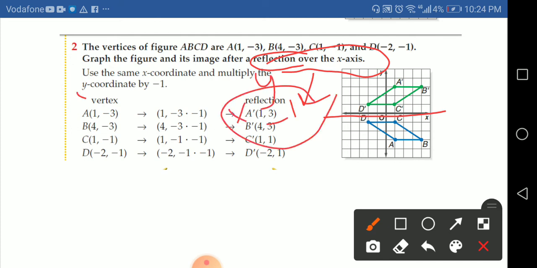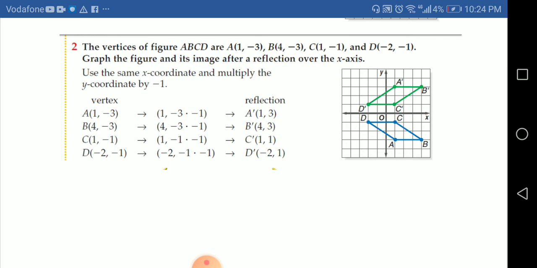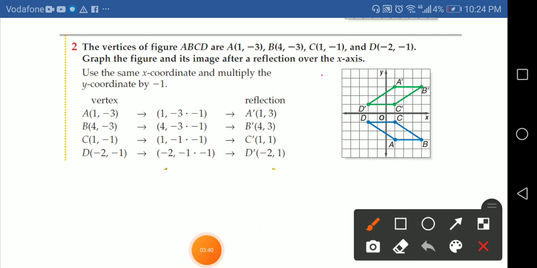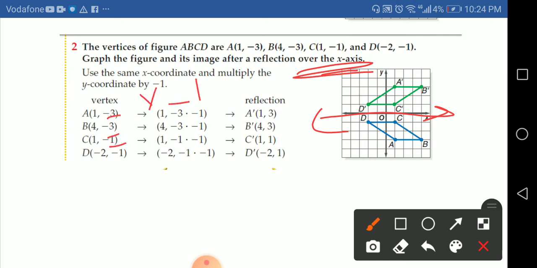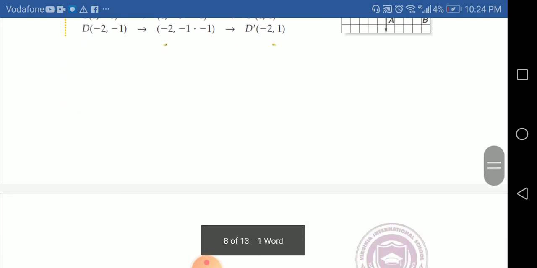If the reflection is over the y-axis, I will multiply the x coordinates. So for the reflection on the x-axis, I will multiply every y coordinate by negative 1. This is my rule, and then draw the other one easily.